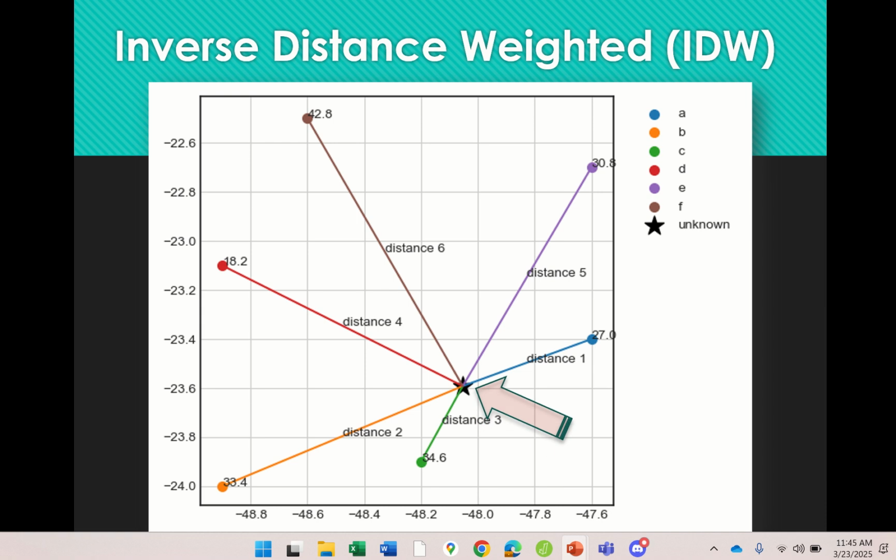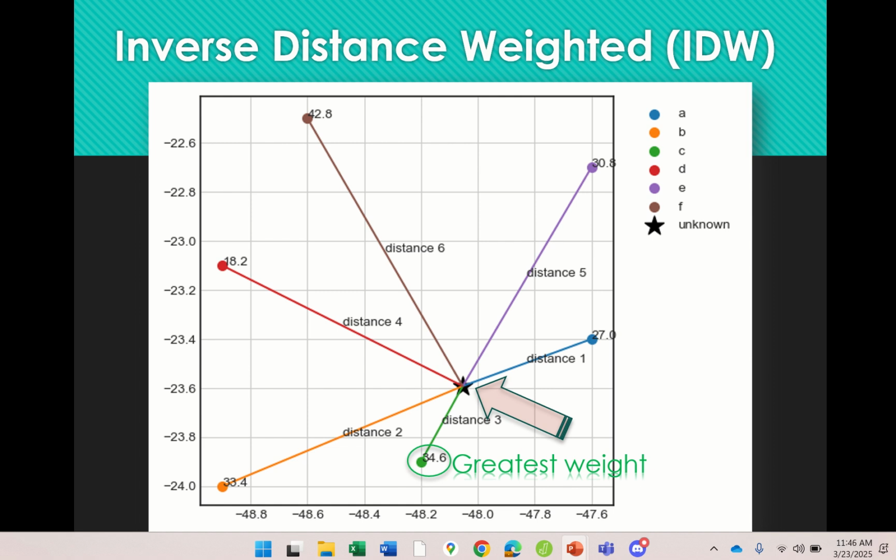All right, so an example here. We have a set number of points and we're trying to interpolate the value at the star where the arrow is pointing. In this case, we're going to give the greatest weight, or the most influence, to the value of 34.6 because it's closer to the star, the unknown point.